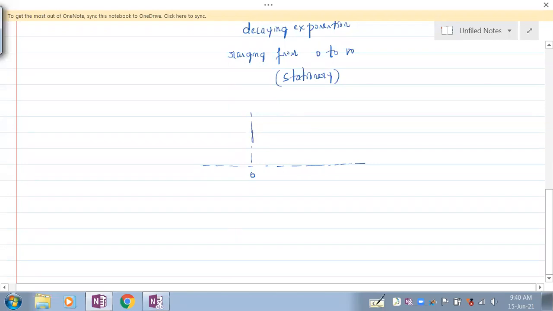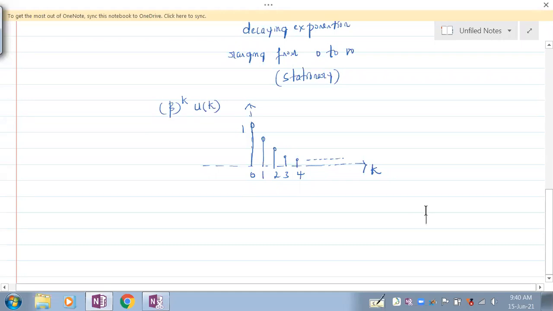Beta power 0 is 1. When beta is less than 1, beta power 1 is less than this. Okay, so let's not bother about what it is. We understand that it has to be decaying like this. Okay, and it keeps happening. Somewhere it gets 0, okay, but this is what is the signal. This is beta power k into u of k.